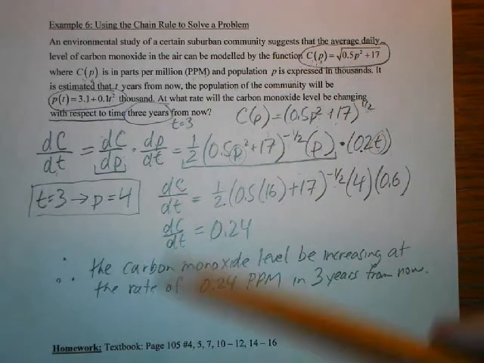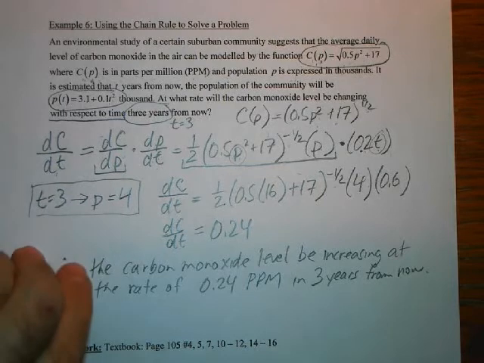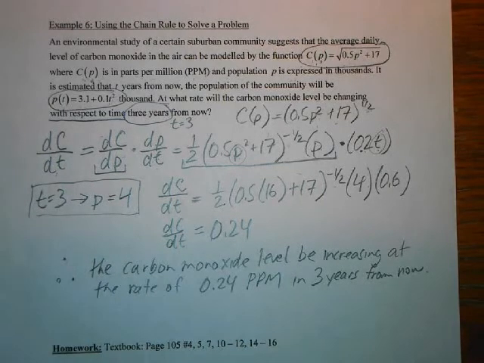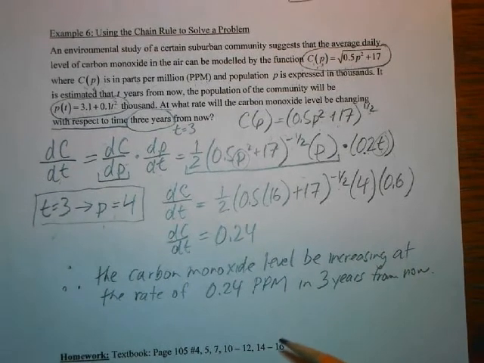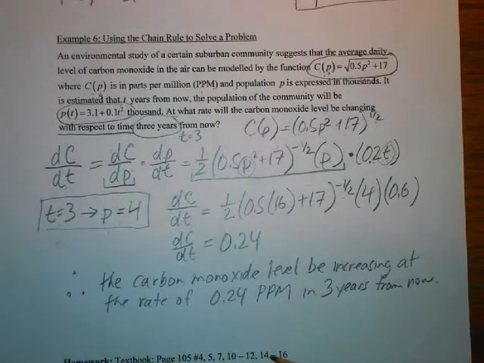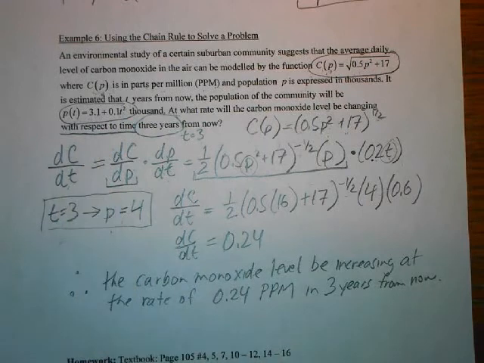Well, that's through the composite function, and if we take the derivative of that composite function, we'll get the instantaneous rate of change in 3 years from now, if we plug in t equals 3, which causes p to be 4. So this is a good question. I know in the past in unit tests we've had something similar with a word problem with two different functions that when combined make a fairly interesting composite function.